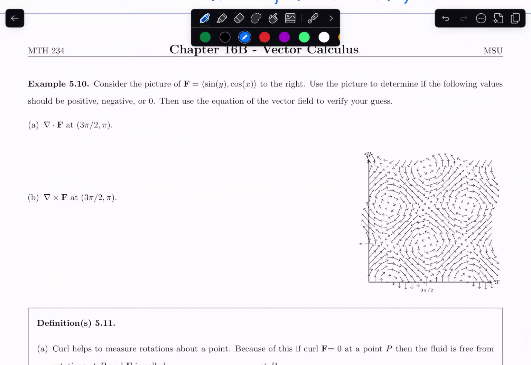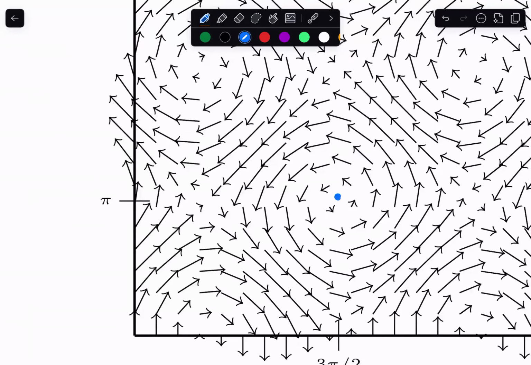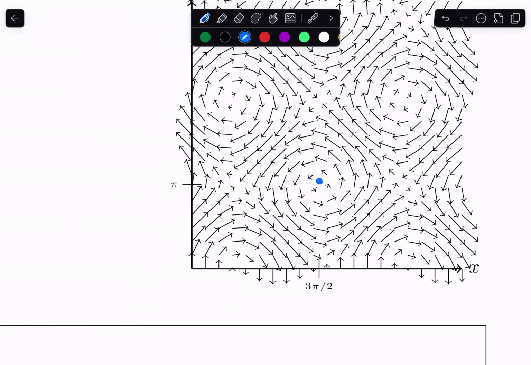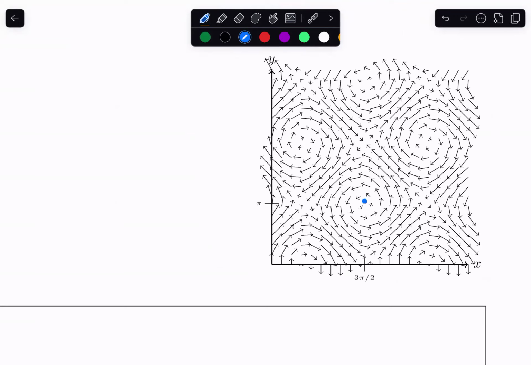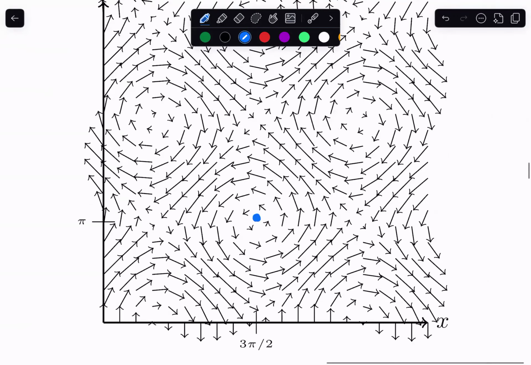Again, take a guess, and then can we use the equation to verify if you guessed correctly? So it's at 3 pi over 2 comma pi, which my intent was for it to be right here, so kind of in the middle of one of these. So again, the goal is guess for divergence and curl, and then calculate.